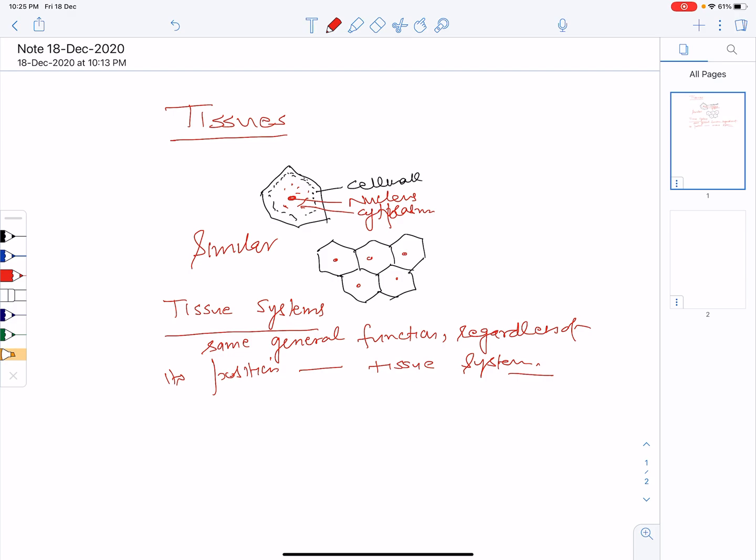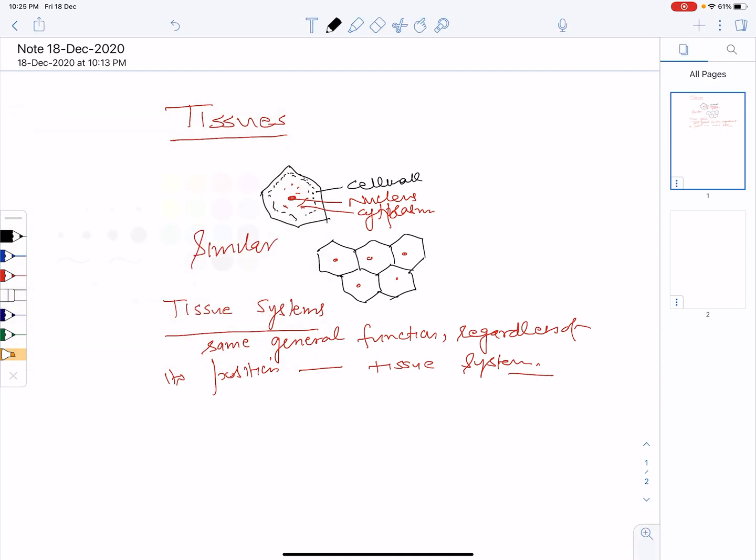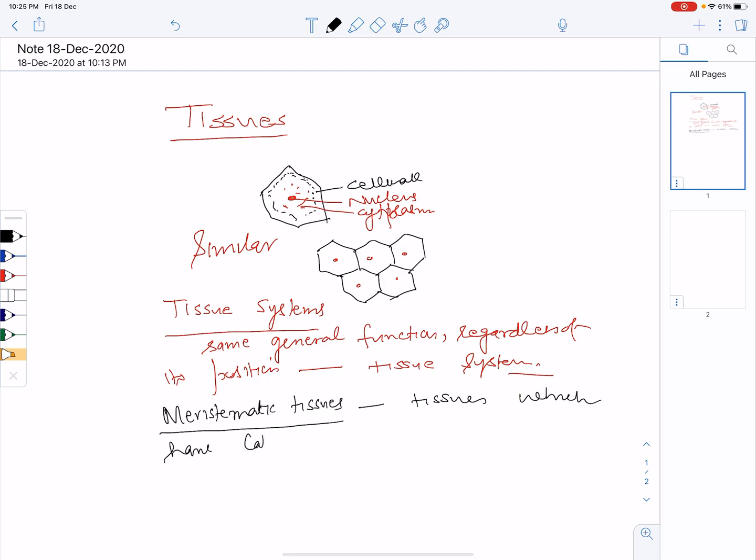Now, tissue systems are of various types. First we'll discuss meristematic tissues. These are the tissues which have the capacity to divide and redivide.